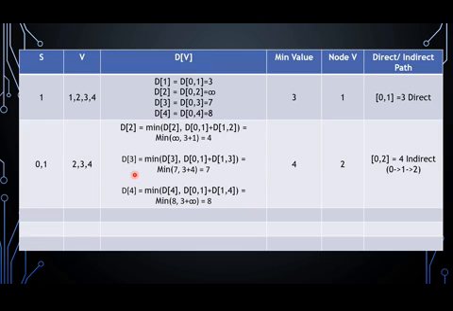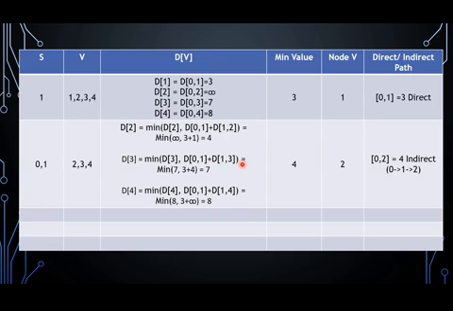Similarly, calculate d of 3. D of 3 is equal to min of d of 3 from the previous step, comma minimum value from the previous step, plus d of 1 to 3, distance from the new source 1 to 3. So d of 3 from the previous step is 7, minimum value from the previous step is 3 plus distance from the new source from the table.